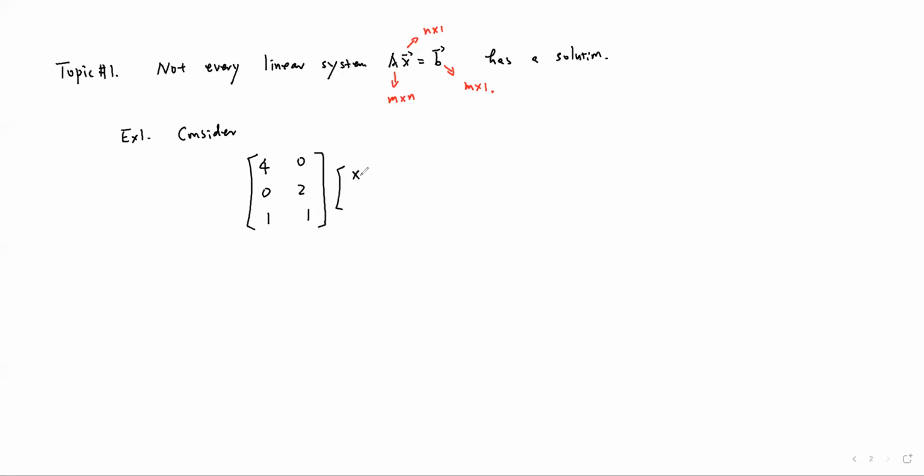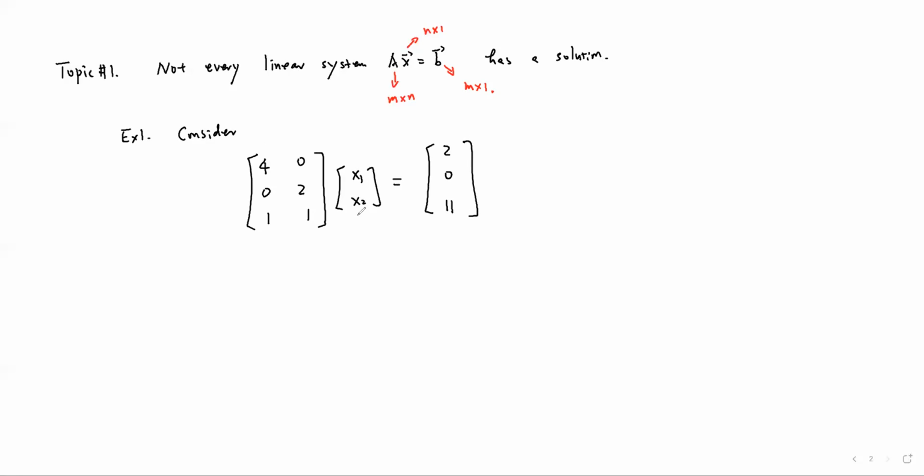The unknown x1, x2, right side 0, 1, 1. This linear system, if you write it in equations, has 3 equations and 2 unknowns.